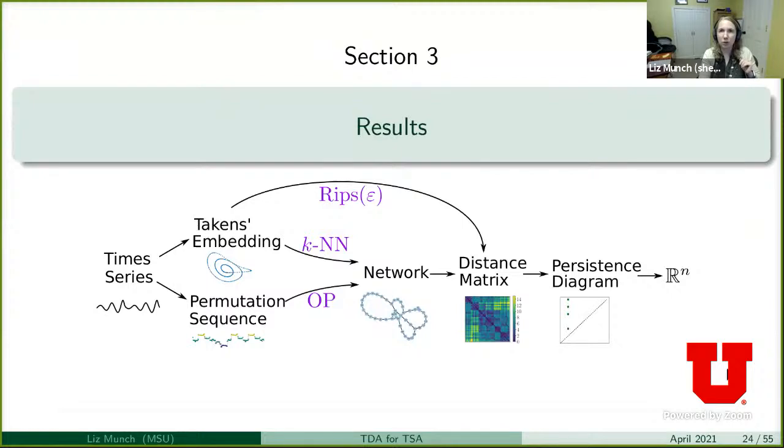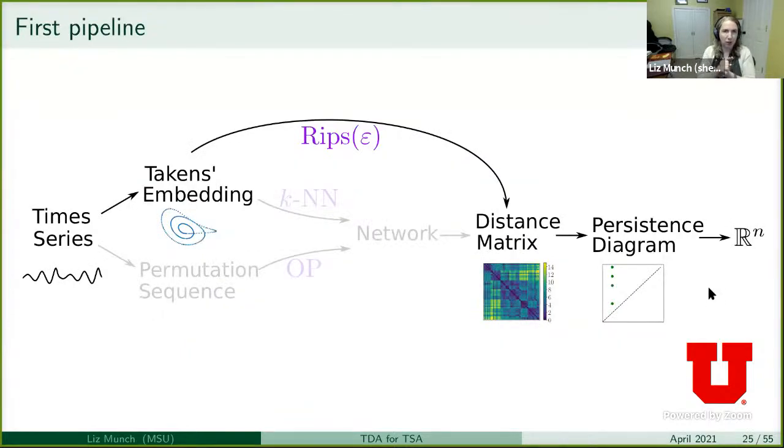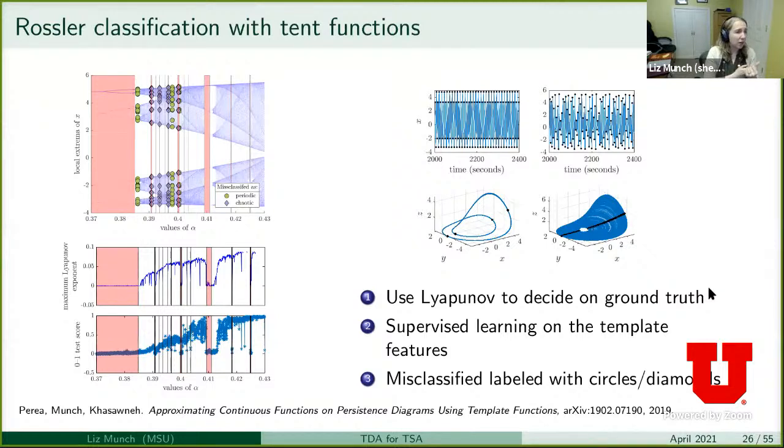Okay, so let me show you what we've done with this. In the first version of the pipeline, I haven't really talked much about how you get from persistence diagrams into vectors, but this is one of the first examples we did. You have time series generated in this case from the Rossler system again, and I can vary a parameter in that system and get a whole bunch of time series.